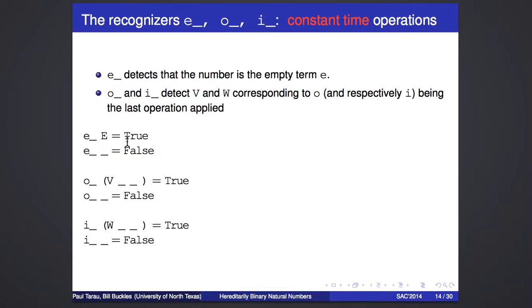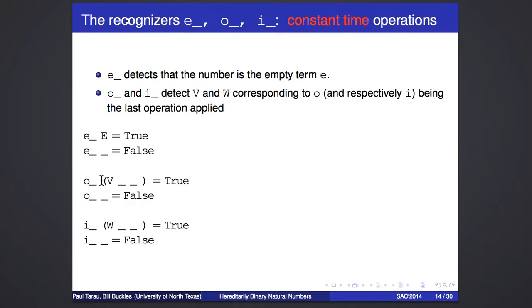They just detect the empty and detect the odd numbers actually. That's interesting to see that, of course, because this starts with application of a 2x plus 1, then an O constructor corresponds to odd numbers, and an I application corresponds to even numbers because it starts with a 2x plus 2.